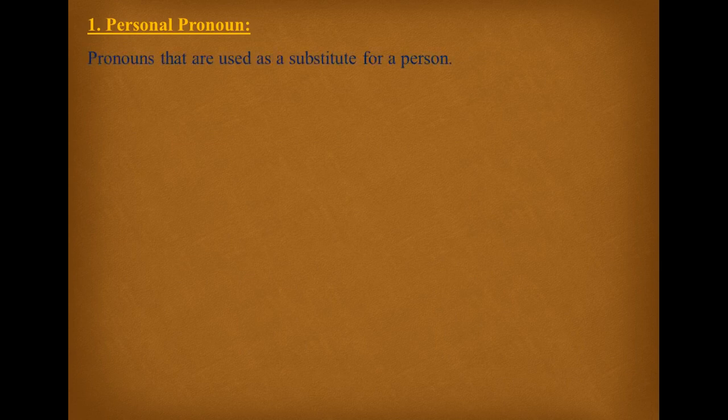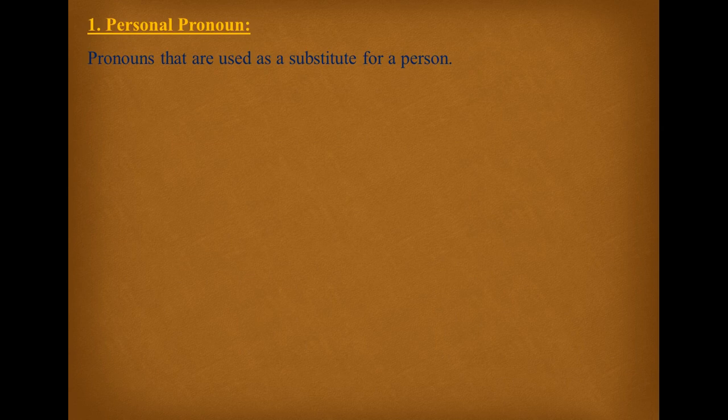According to pronoun classification, at first we have personal pronoun. So number one is personal pronoun. What is personal pronoun? Pronouns that are used as a substitute for a person.